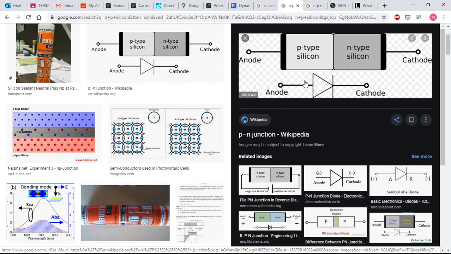That's why the arrow goes this way. Those are good to remember, by the way. Anode, cathode, they're hard to remember. Even myself, I struggle to remember those because it's hard to get a trick. Anyway, P versus N, that's easy to remember. You put the positive on this side, negative on this side. That's all to know about the diode.